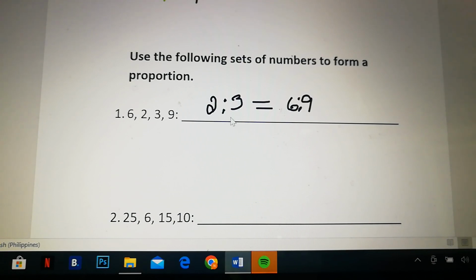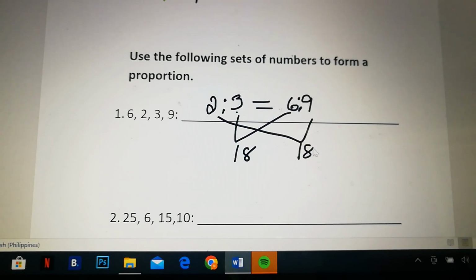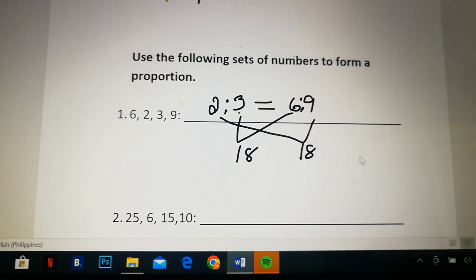Okay, so you check 3 times 6 is equal to 18, while 2 times 9 is also equal to 18. So therefore, 2 is to 3 and 6 is to 9 is a proportion.